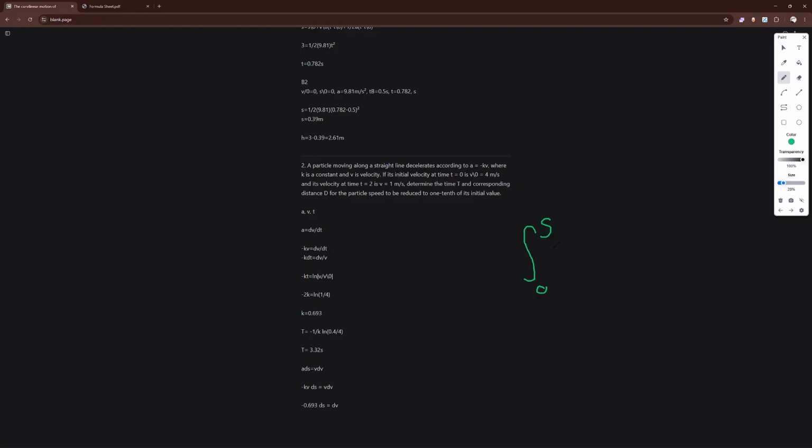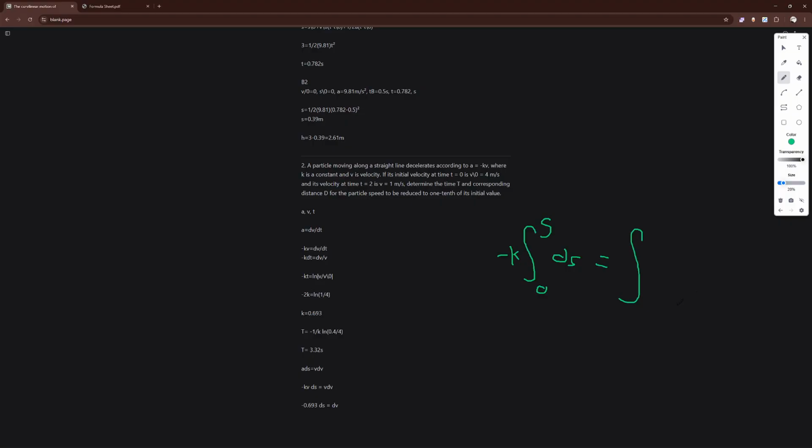It would just be negative k, because that's constant, ds is equal to the integral of dv from v1 to v2. Again, it's 1/10 of its initial speed, so 4 to 0.4.